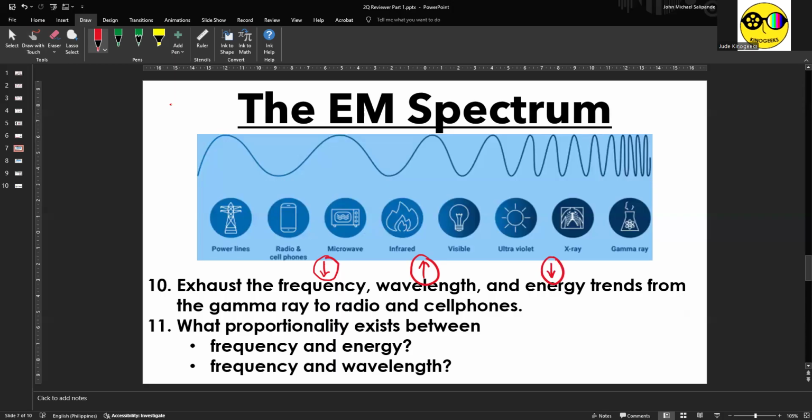Now that we know the trends, it's time to establish the proportionality existing between a pair of electromagnetic wave properties. So let's start with frequency and energy. For frequency, frequency decreases while energy also decreases. So therefore, they have a direct proportional relationship.